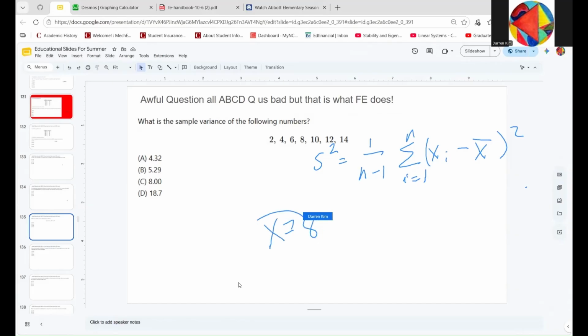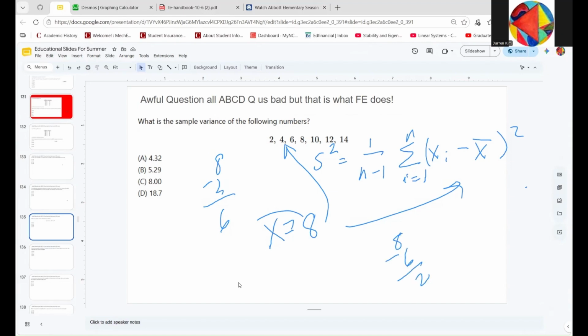Now we plug it back in here and figure out what it is. So it is 1 divided by 6 instead, multiplied by all the rest. 8 minus 2 equals 6, so 6 squared. And then 8 minus 4 equals 4, squared. And then 8 minus 6 equals 2, squared.